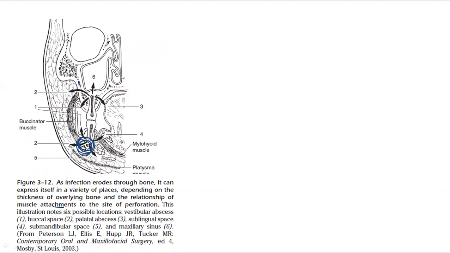See, here it can go into the buccal space. Next is palatal abscess. You can see here there is infection, so it can form an abscess. Then the sublingual space, it can enter the sublingual space. Or the submandibular space. Maxillary sinus.